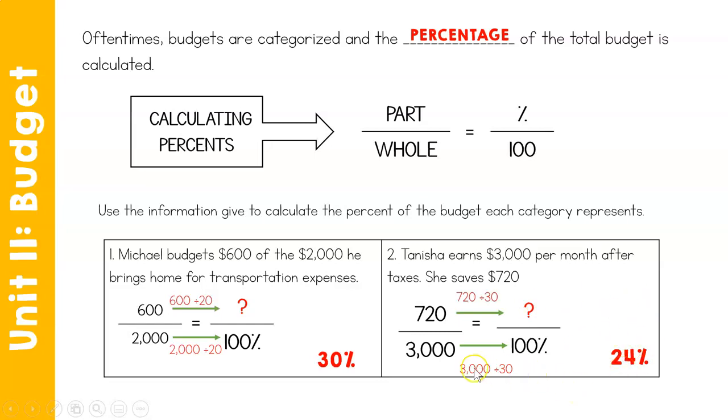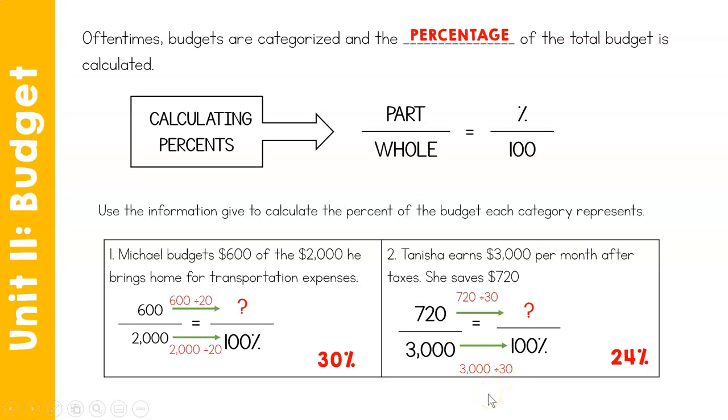Okay, and again, just a guessing game. I figured out, okay, well, I'm going from 3,000 to 100, so I know I'm dividing because I'm going from big to small, and then through a guessing game, I figured out what I could divide 3,000 by to get 100, and I came up with 30.